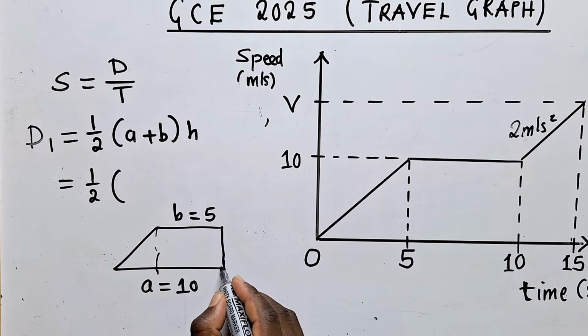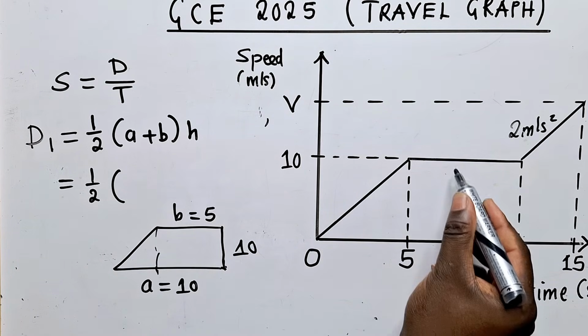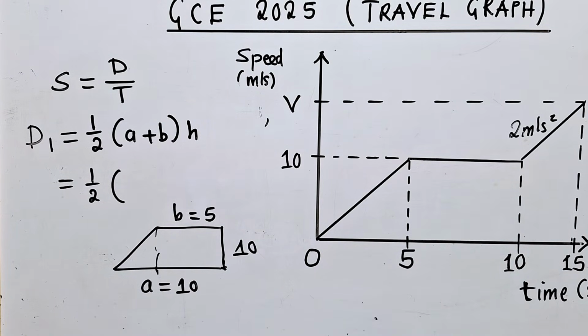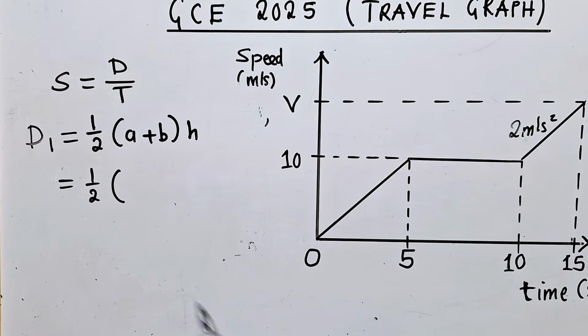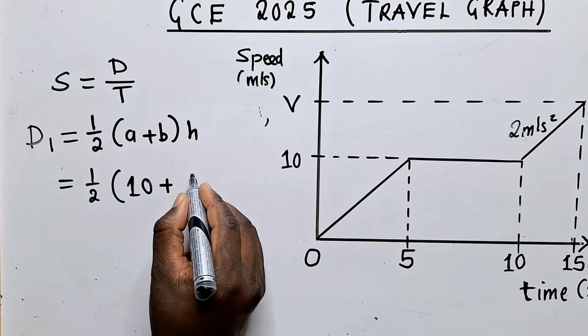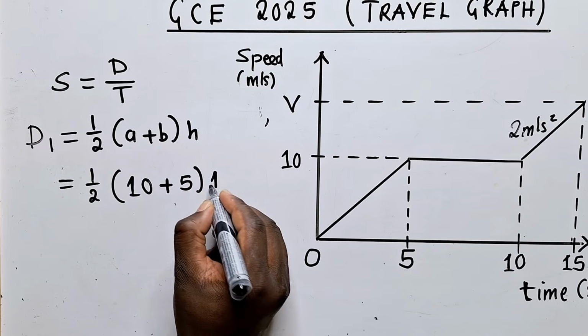For H, it will be from here to here, which is a 10. So meaning from here to here, that's a 10, and it's our H. So we can plug in our formula what we've gotten. Our A, we found to be equal to 10, plus our B, a 5, and then H there, it's a 10.